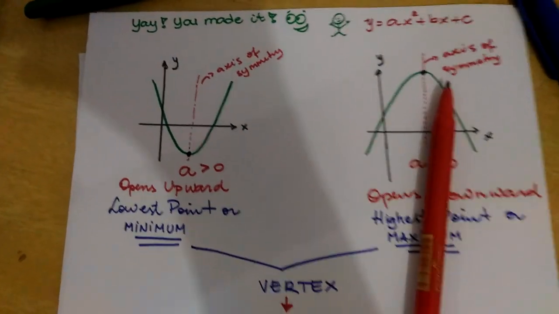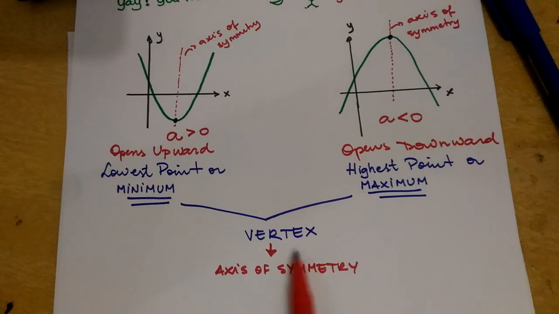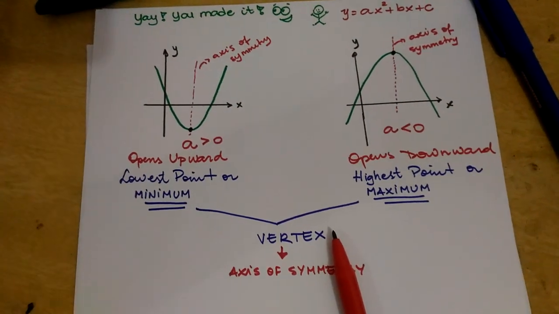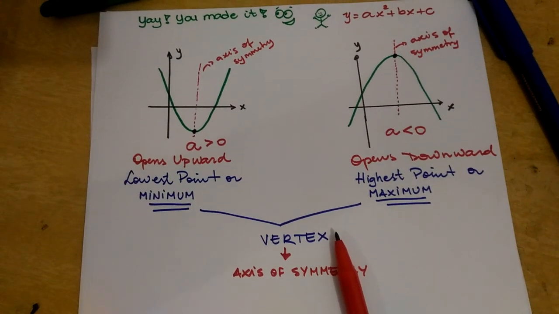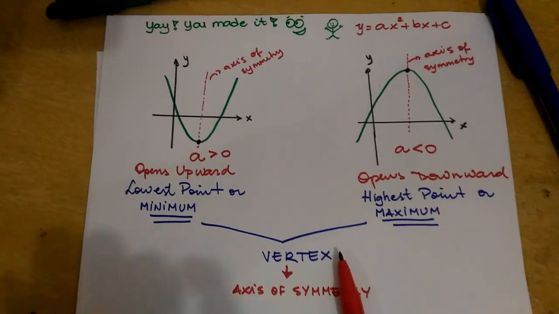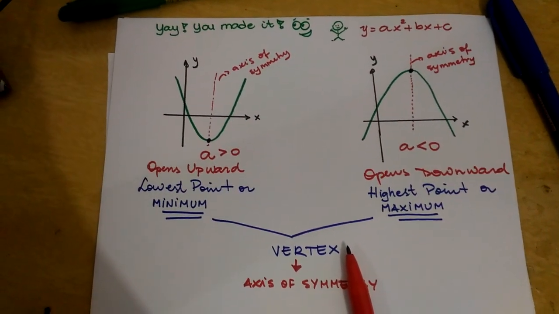So this is what the vertex does, and it also gives us the point where your graph and your movement is changing.